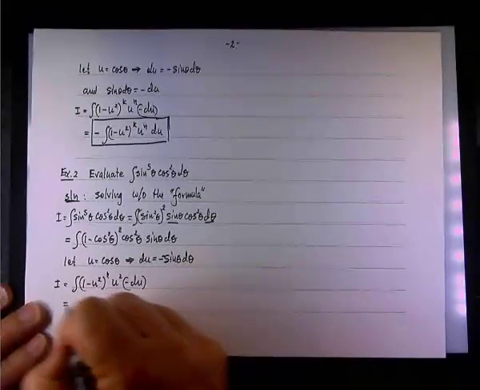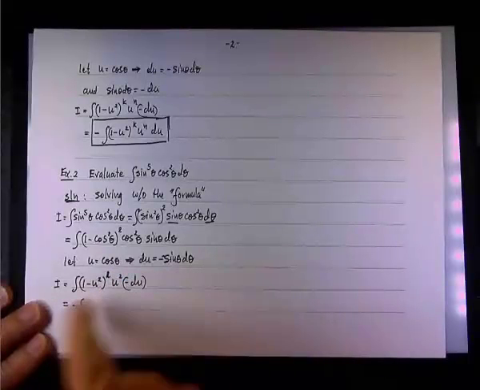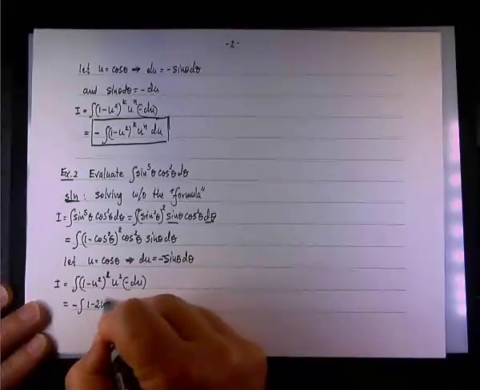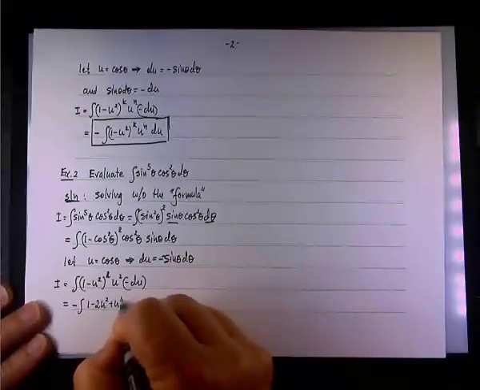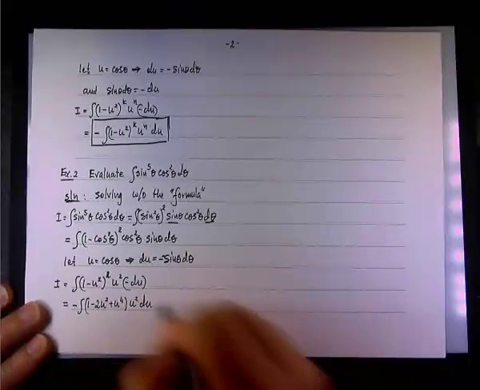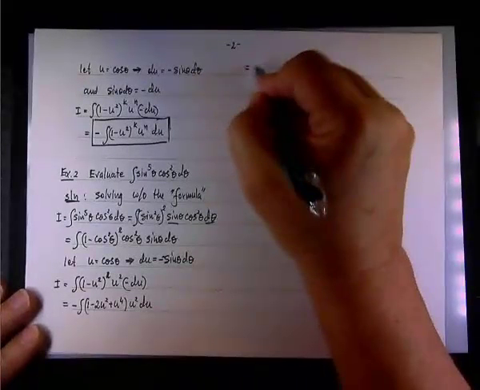Okay? So what I'll do now, clear the parentheses, get the negative outside the integral, and let's square the parentheses here. So we have 1 minus 2u squared plus u to the 4th, all of it multiplied by u squared, du.